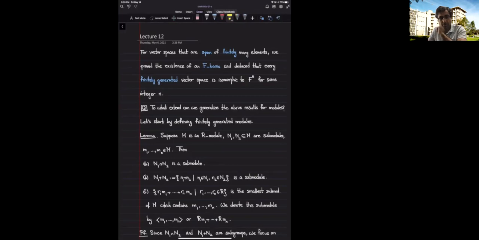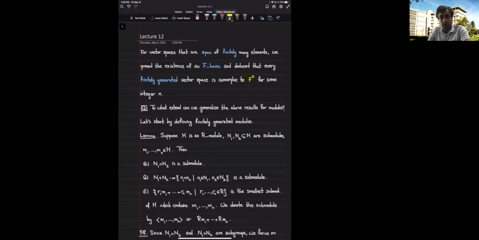Now, one of the results that we have proved on vector spaces is the following. If I start with a vector space that is spanned by finitely many vectors, alternatively, a vector space that is finitely generated, then we proved that such a vector space has a finite basis. And having a finite basis implies that such a vector space is isomorphic to F to the n.